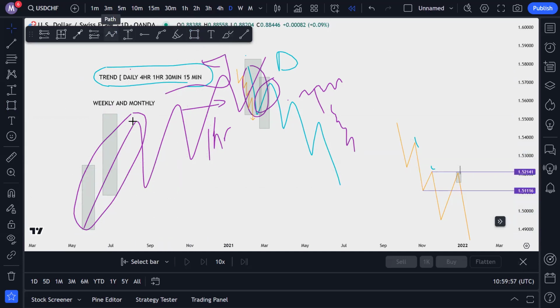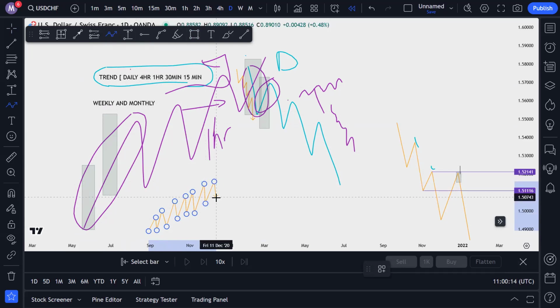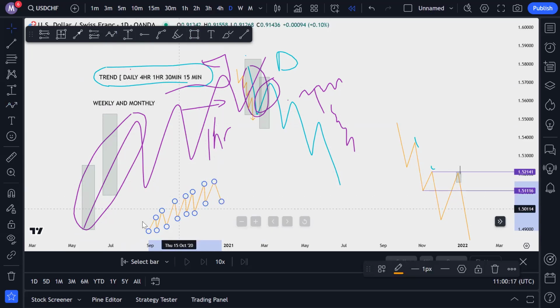How? So this is a daily time frame. This is a 4 hour. One candle may be having something like this, one candle may be having something like that. This one candle is having this trend.